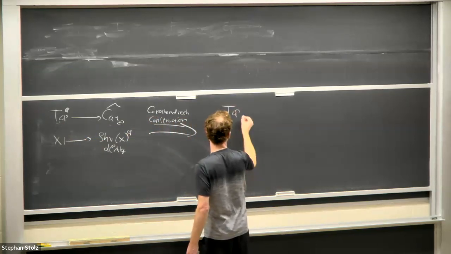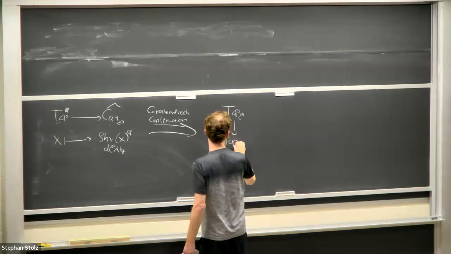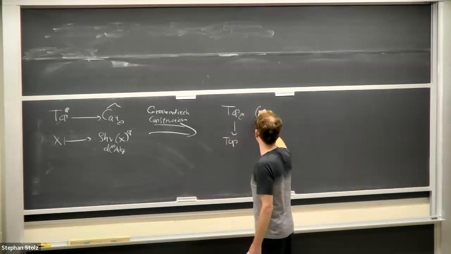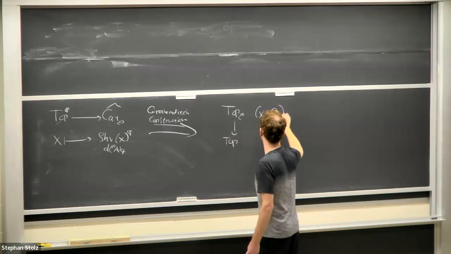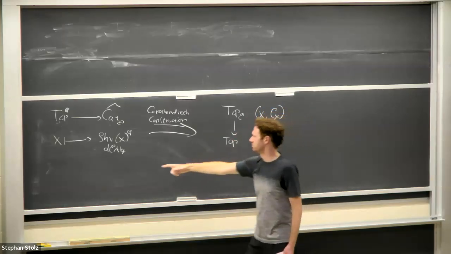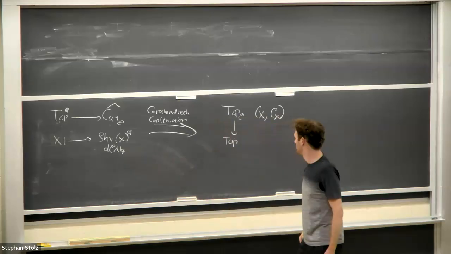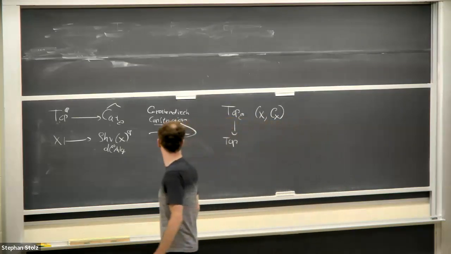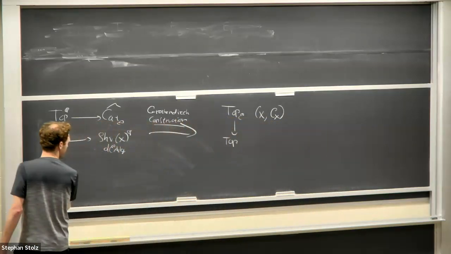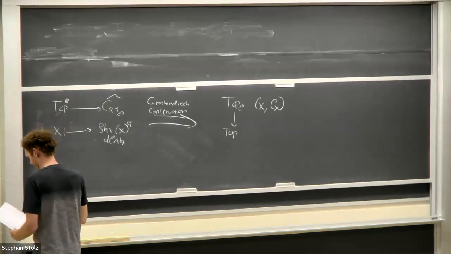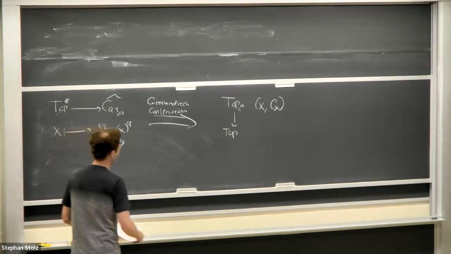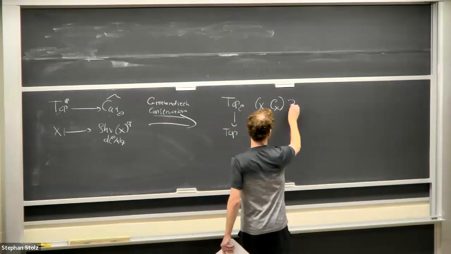It's called Top C-infinity, whose objects are pairs of a topological space together with a sheaf of such things. Just as in algebraic geometry. And inside here, we have a subcategory of locally ringed objects.